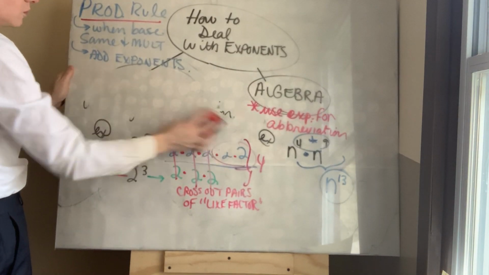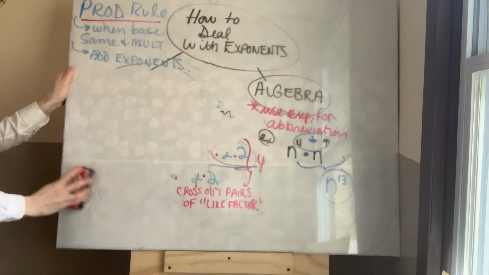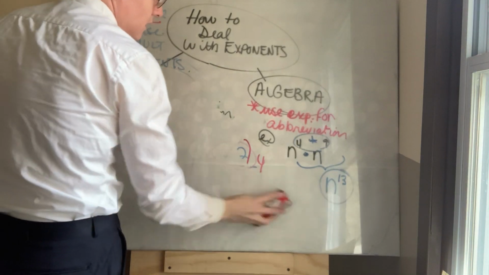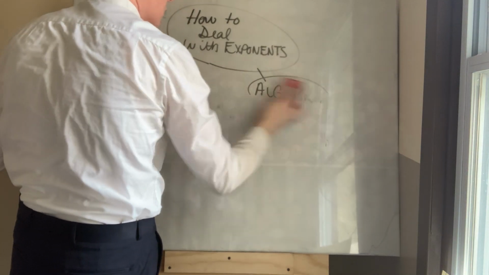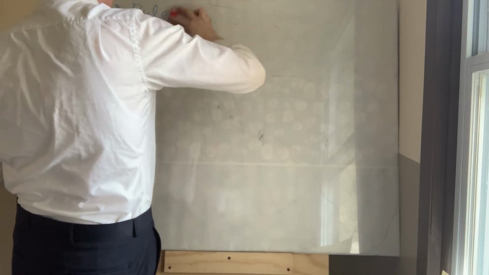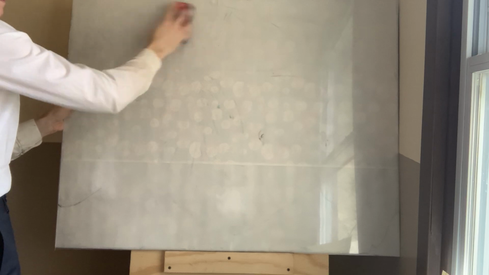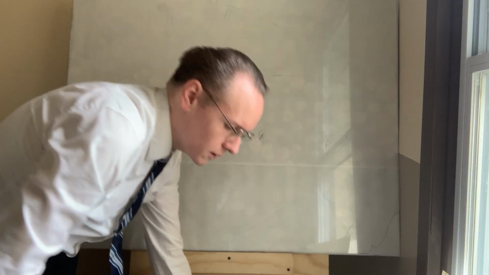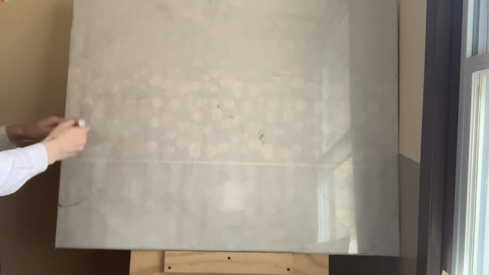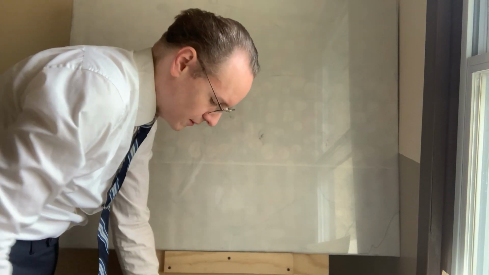Let's go to the polar opposite rule, which is the quotient rule. And the quotient rule could have actually solved our last problem exactly the same way.